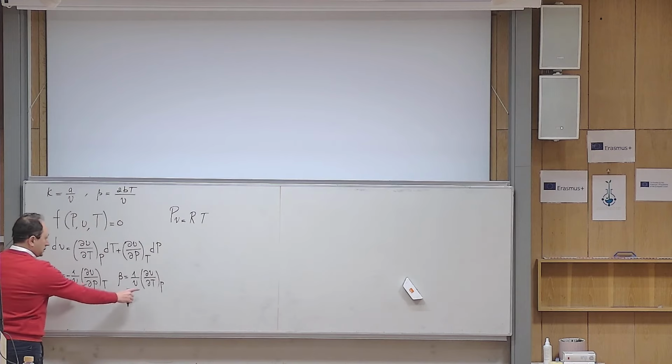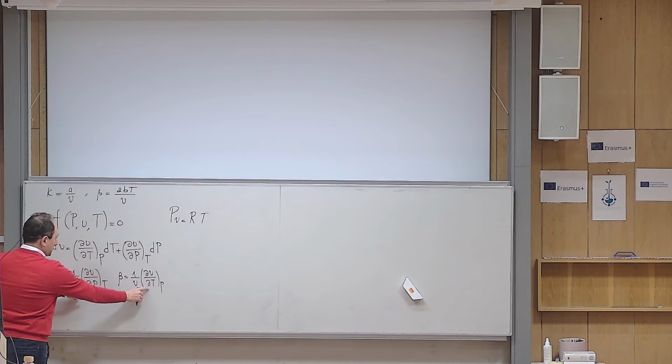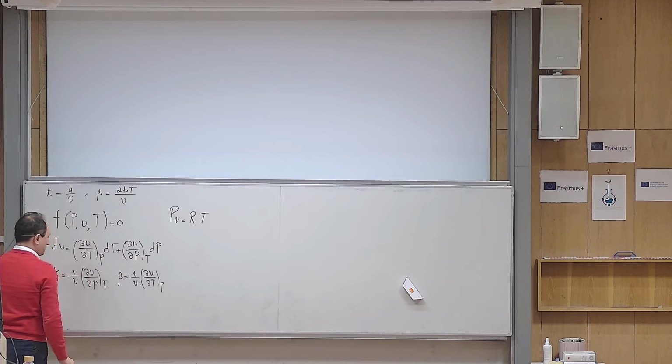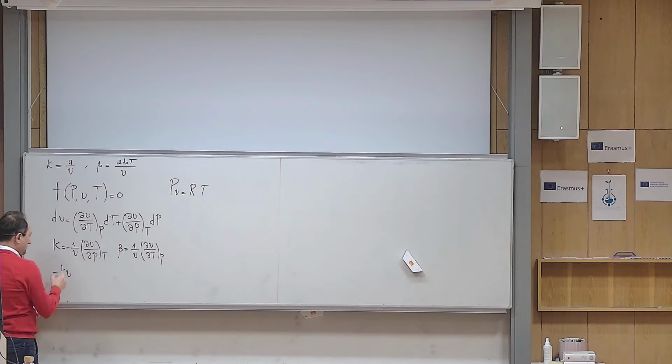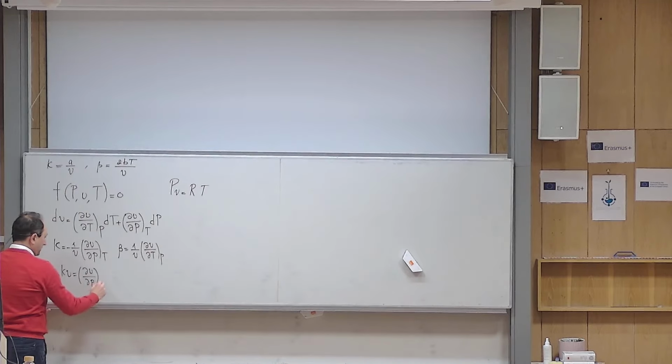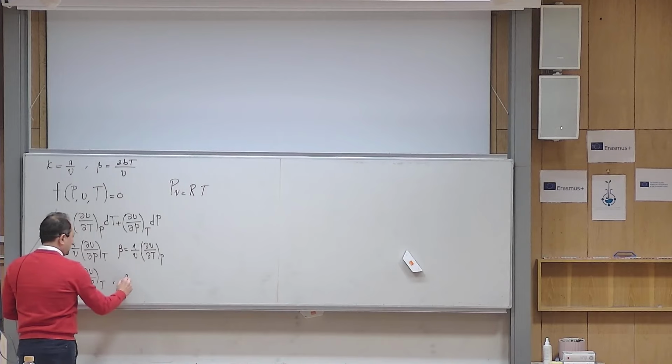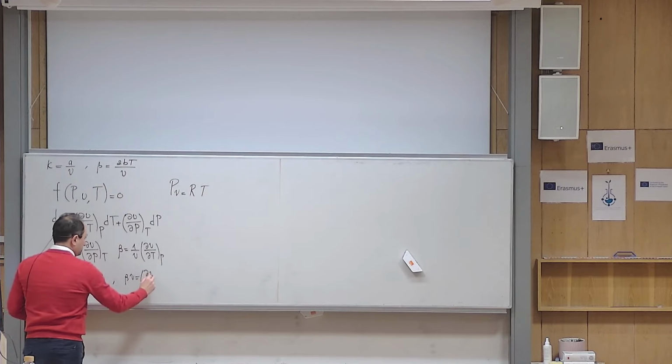You see, this expression is exactly this one, and this expression is exactly that one. So from here, I can say that minus kappa V is equal to this partial derivative, and from here, beta V is this partial derivative.